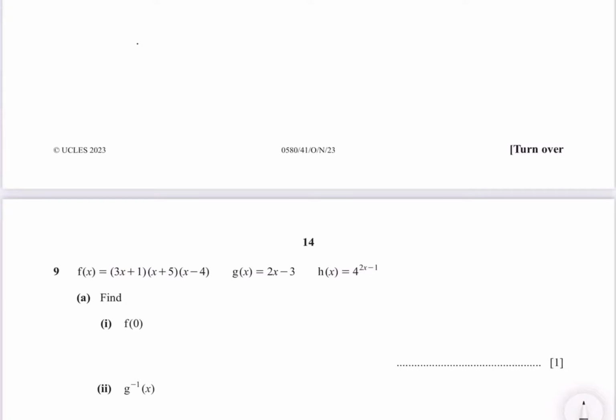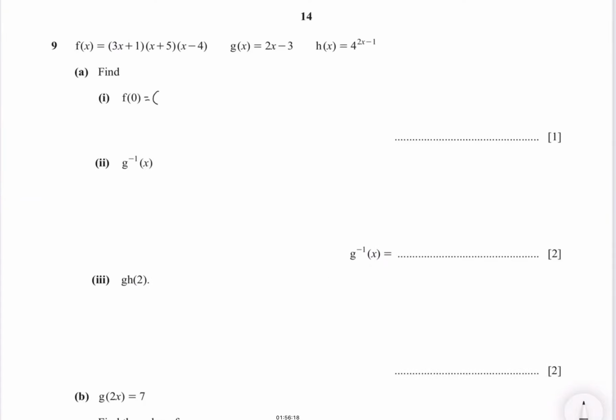Okay, question number 9. Find f of 0. So this is simple. You just place 0 wherever you see x. Solve it and you get minus 20. So f of 0 is equal to minus 20.